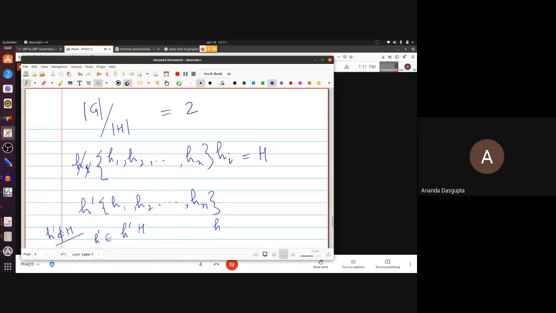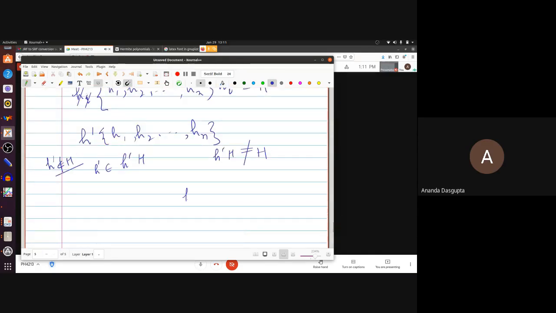That means H prime H is not H, right? Is that clear? Two sets can be equal only if they have exactly the same elements. H prime H has H prime, capital H doesn't.